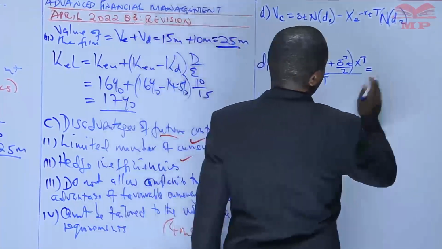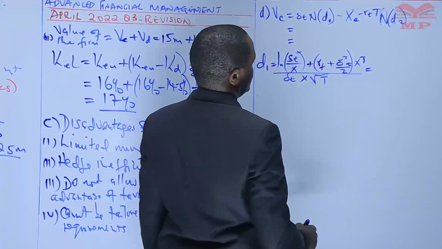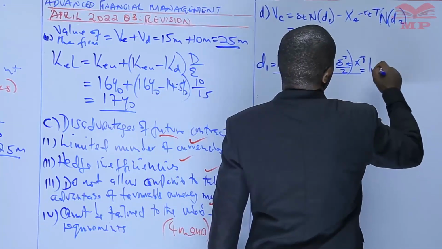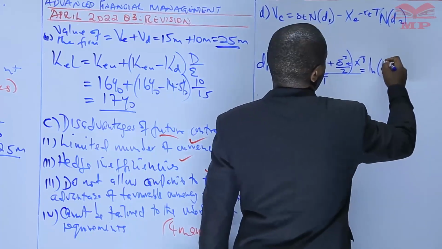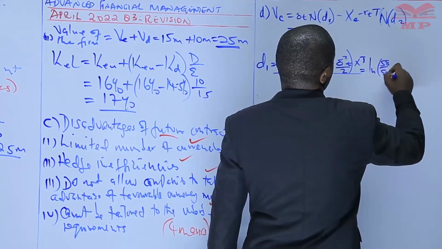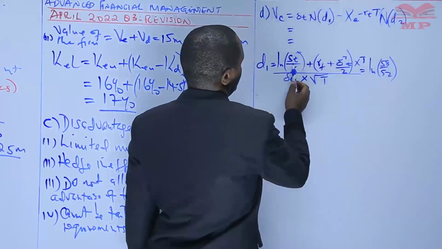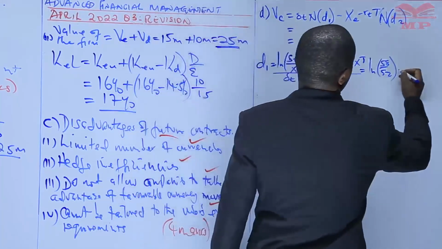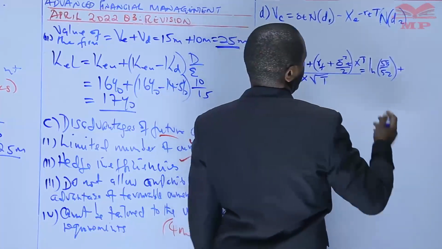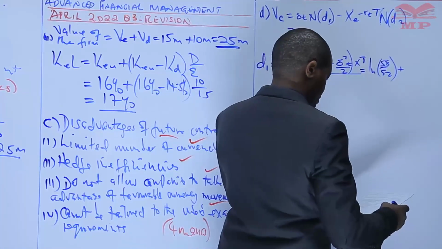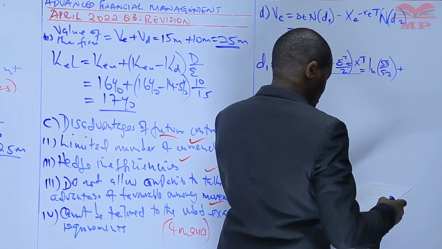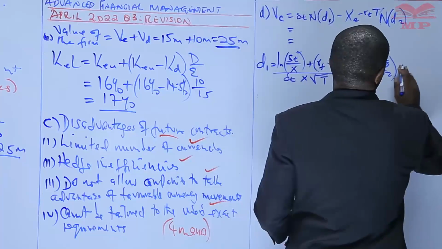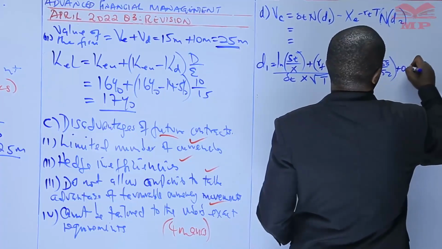So let's substitute the values. We're going to have the natural log of 58 over 52, the asset price and exercise price, plus the risk-free rate, which from the question is 6%, converted into decimal, 0.06.